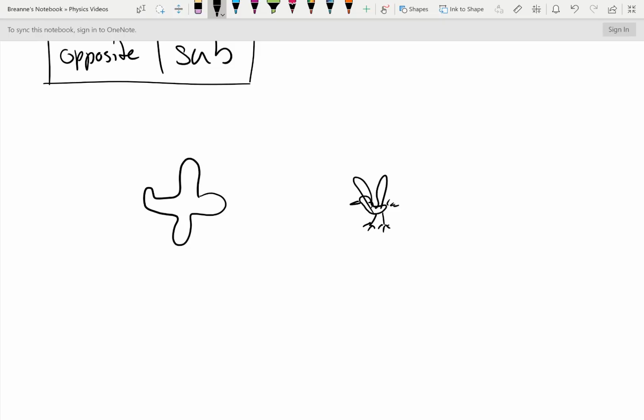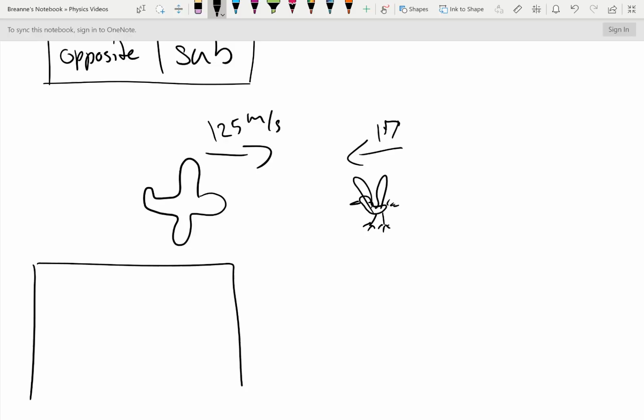So the plane is going at 125 meters per second, and the bird is going at 17. So we're going to go back to our little chart here. This chart's a little bit different because now the observer is moving.